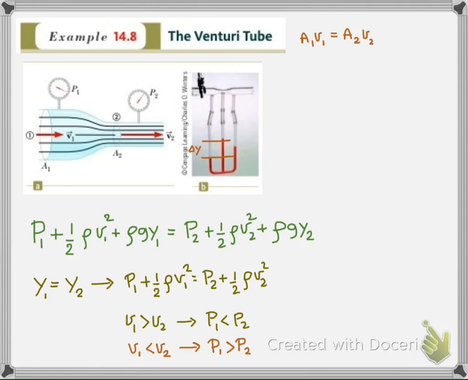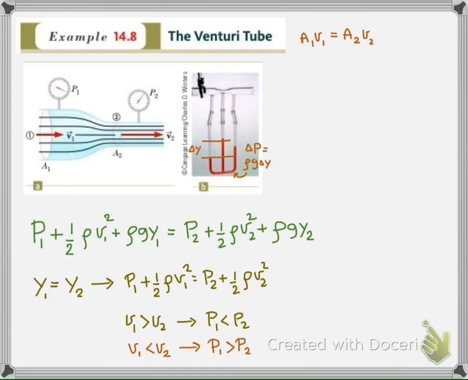The pressure difference must be equal to rho g delta Y. This rho is the rho of the colored liquid. So in principle you can measure the pressure difference, and once you can measure the pressure difference, you can measure the velocity difference.